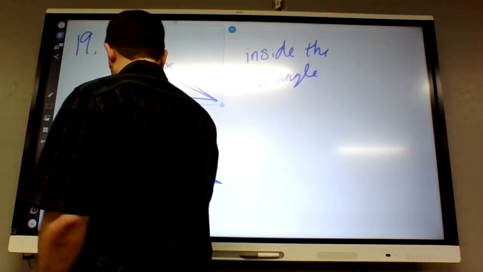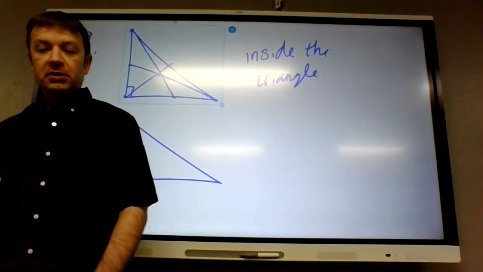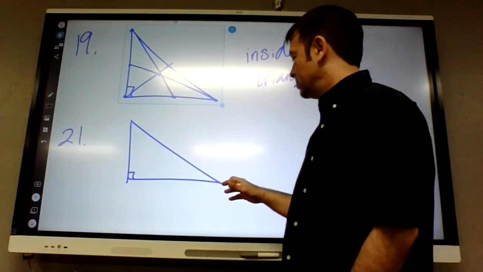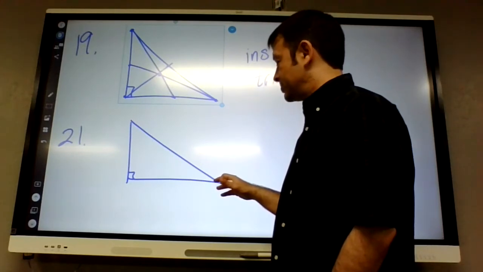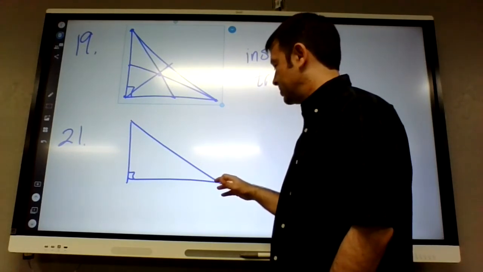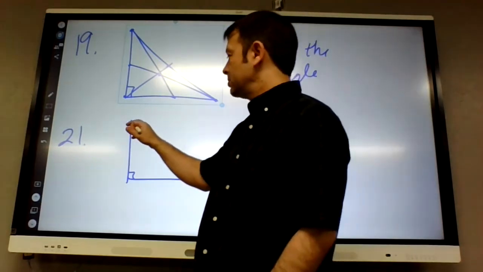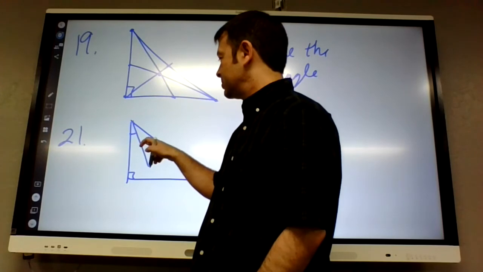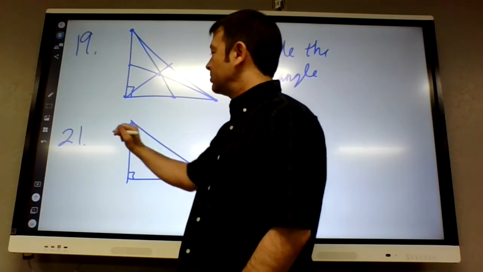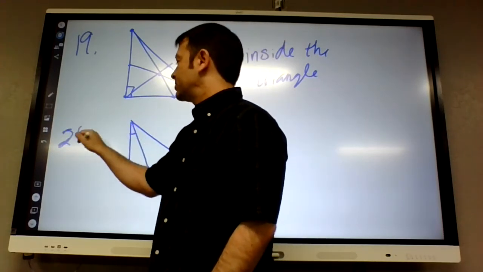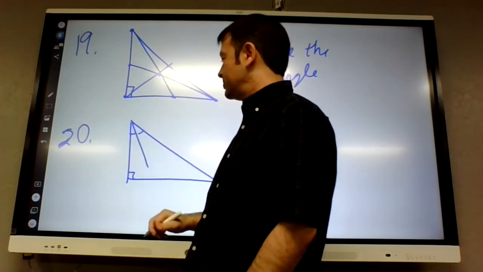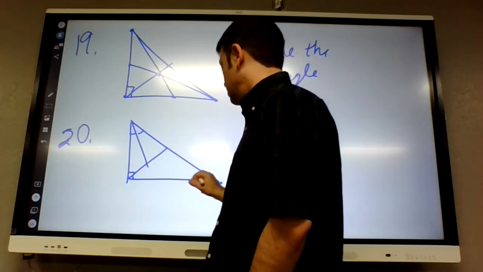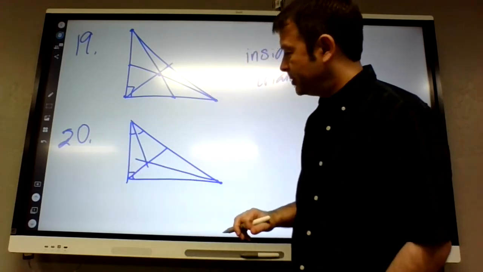Which one did we skip? What kind of lines? The incenter is where the what meets? Angle bisectors. Are you doing 20 or 21? Oh. It's where the angle bisectors meet. I have it, I'm just doing the odds. That's pretty close.